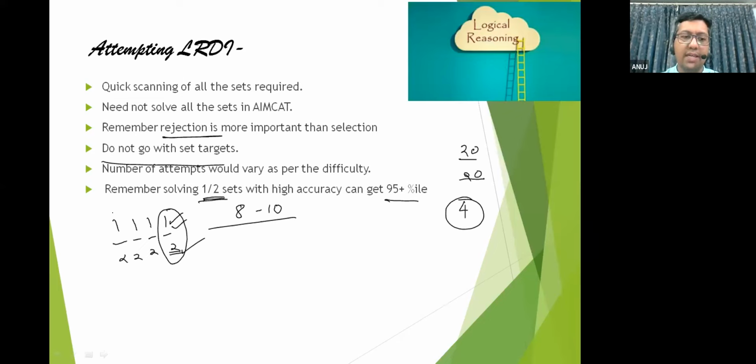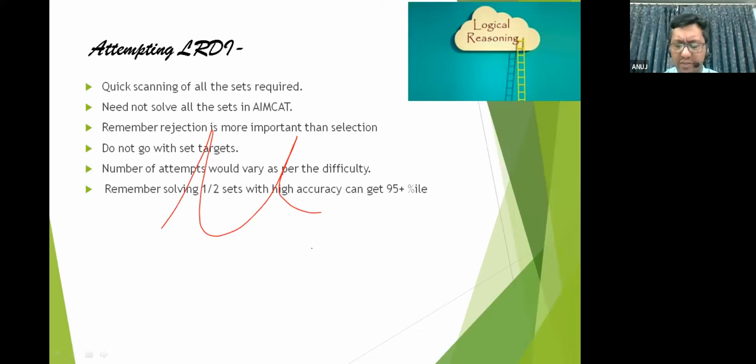That is why if I pick up the right set and try to solve all the questions based on that set, then it will benefit me in the longer duration, right? So as I said, beta, 1 to 2 sets will be enough. 1 to 2 sets is much more than enough if you want to achieve more than 95 percentile.